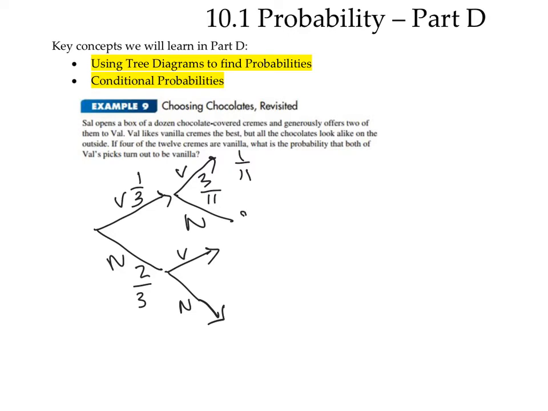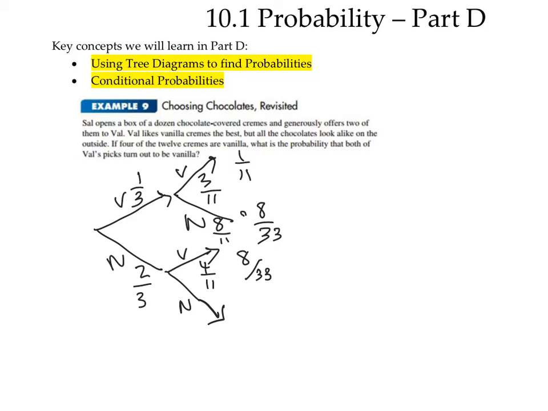So this probability is 8 elevenths, and 1/3 times 8 elevenths is 8 33rds. If I got a non-vanilla cream, then there are 4 of the 11 left that are vanilla creams. So this branch would have a probability of 4 elevenths, and 2/3 times 4 elevenths is 8 33rds.